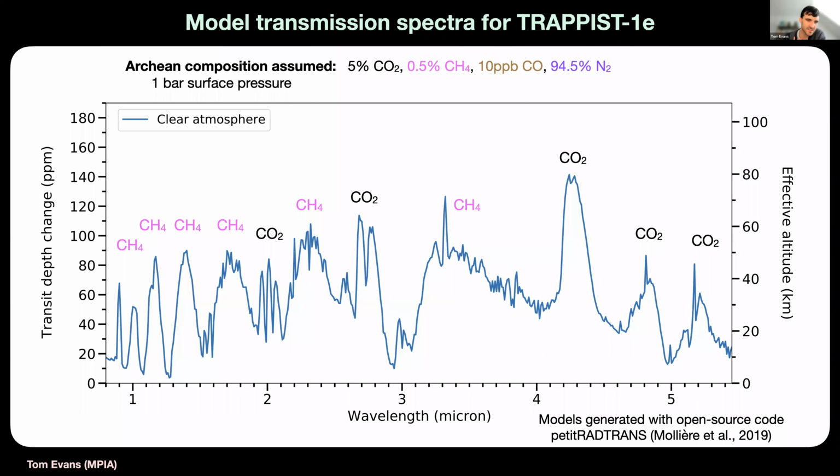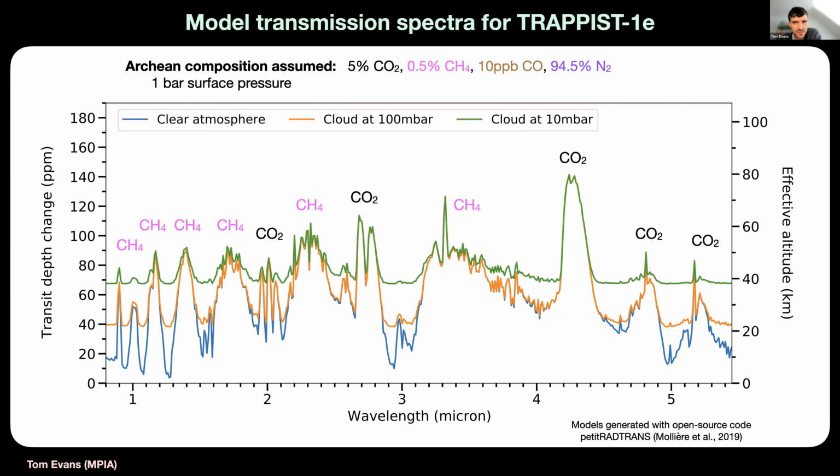That is a simplification because, as we saw in the models before, the haze can have quite a strong wavelength dependence, but this is just a fairly simple analysis of the effect of cloud at different pressure levels. Here is the 100 millibar cloudy case, and you can see how the spectral feature amplitudes are reduced. And then here is the 10 millibar cloudy case. As I was saying, I also considered a range of other cloud top pressures that aren't actually plotted here.